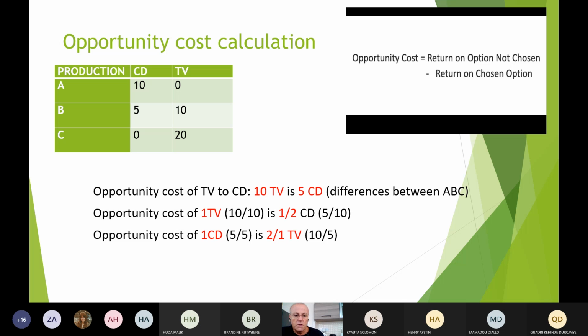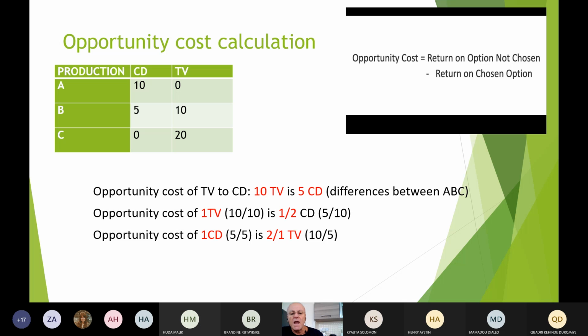Therefore, when you look at these 3 points, you observe that moving from A to B and B to C, you always have 5 units change for the CD and 10 units change for the TV. This is the indication of the opportunity cost of moving from A to B and B to C. Therefore, if you want to calculate the opportunity cost of TV in terms of CD, you may say 10 units of TV is 5 units of CD.